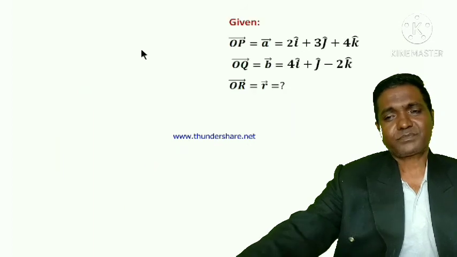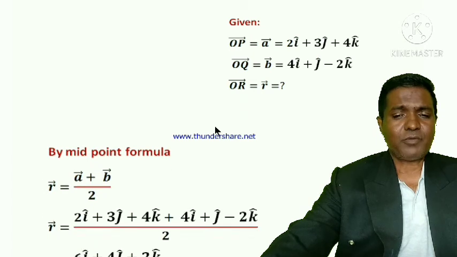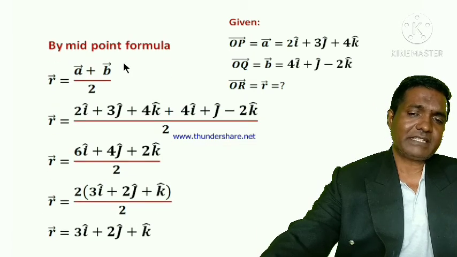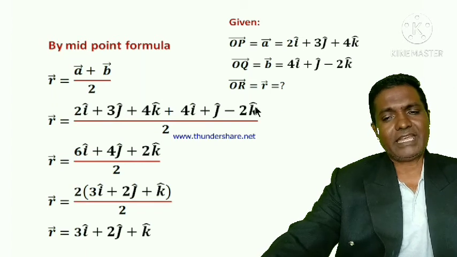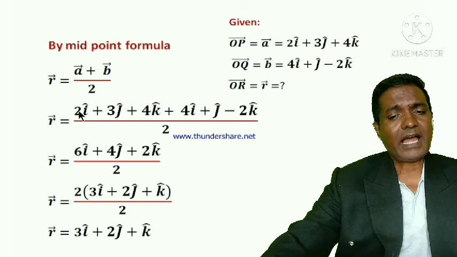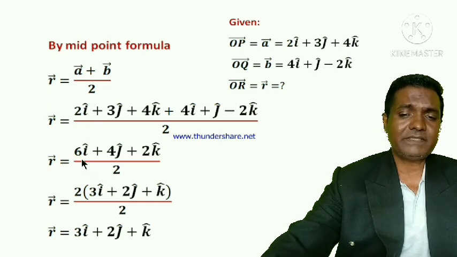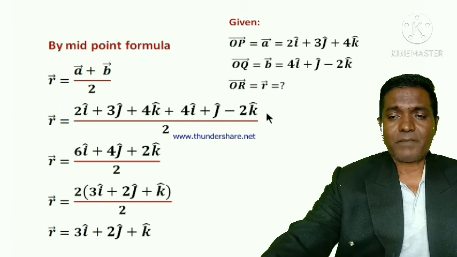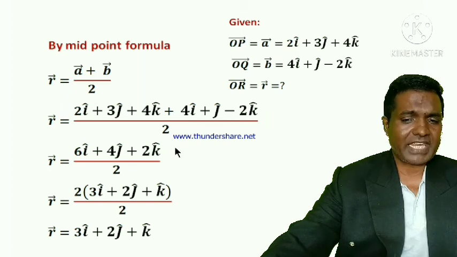Now look at this. By the midpoint formula, the position vector of the midpoint is given by vector a plus vector b by 2. Substitute a and b, very simple, add component wise: 2i cap plus 4i cap is 6i cap, 3j cap plus j cap is 4j cap, 4k cap minus 2k cap is 2k cap.